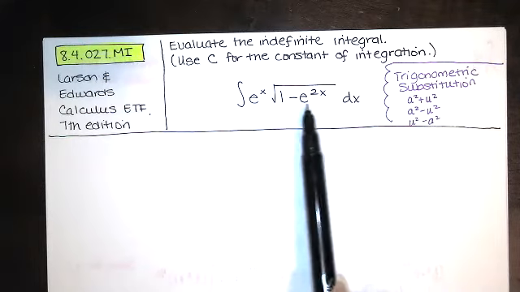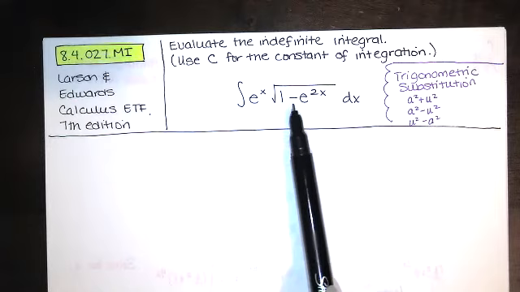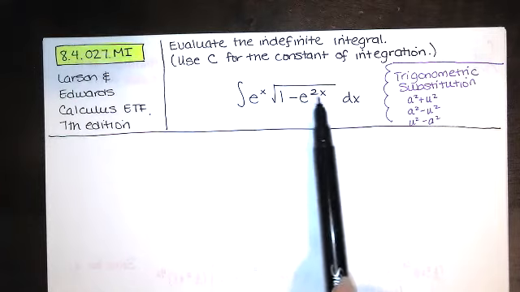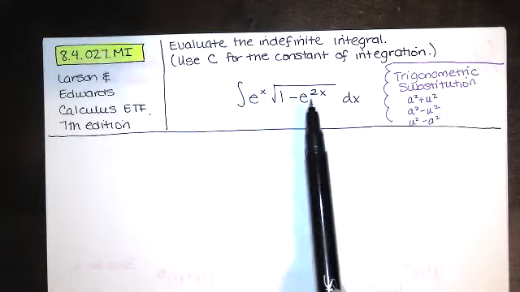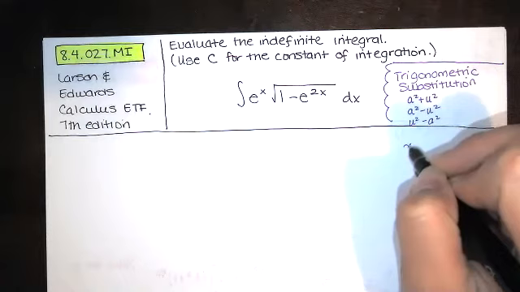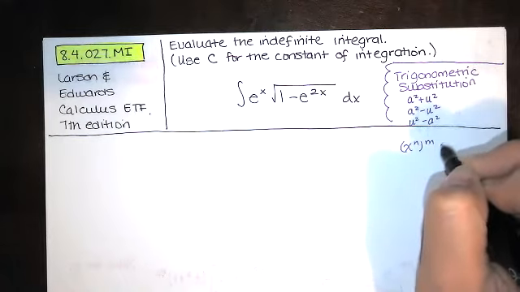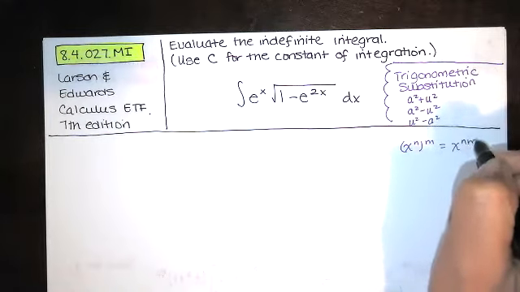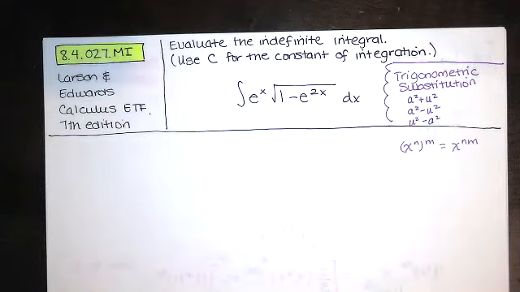And it's a little bit hard to see unless you remember your exponent properties. But this e to the 2x is actually a function squared. And that's because of this rule. If you take x raised to a power and you raise it to another power, remember this, all you have to do is multiply the exponents. That works for the base e as well.